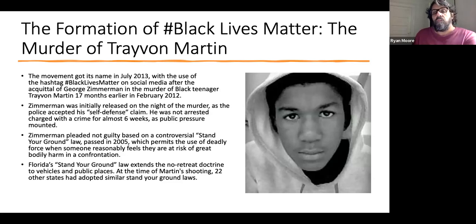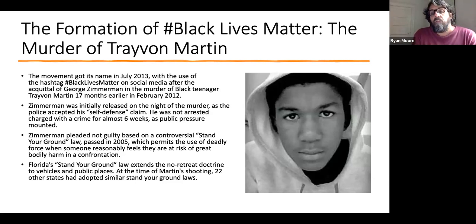There's one provision of the law called the castle doctrine, which is like if somebody is at your home and you feel threatened or at risk, then you have the right to shoot them or to exercise some other deadly force. But the Florida one goes even further and extends that to if you're in your car or if you're in a public space, as George Zimmerman was that night.